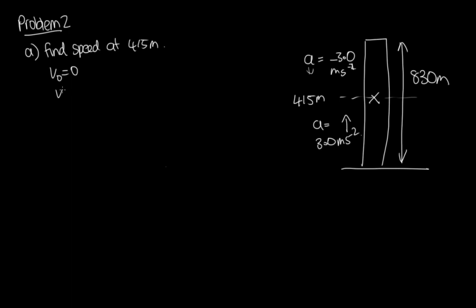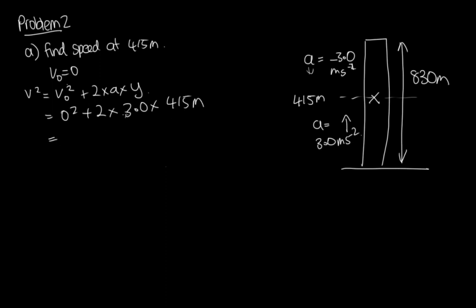And so we can use the final velocity squared is equal to the initial velocity squared plus 2 times the acceleration times the distance, which in this case is the height. Okay, so we've got v naught squared, that's 0 squared, plus 2 times the acceleration, which is 3.0, and the distance which we cover is half the height, so 415 meters.